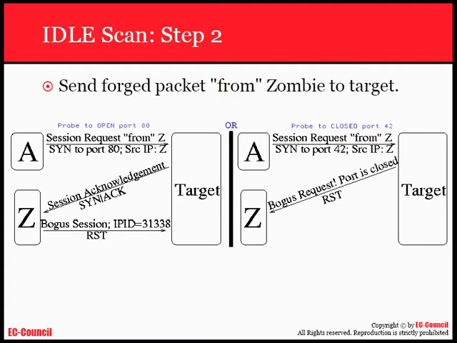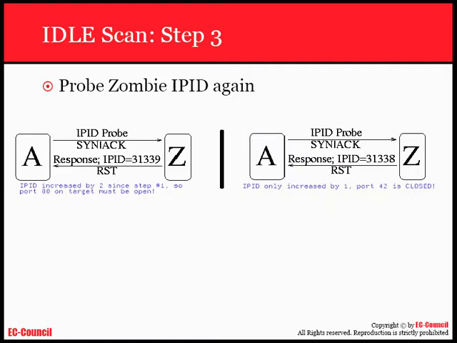If the port is closed, then of course what I'm going to get back is a reset that has come back from the target itself. Now, how do I determine whether or not that port is open? I go back and I take a look at that zombie IP ID again. In other words, I look for that IP ID number and I try to tell has it been incremented or not.